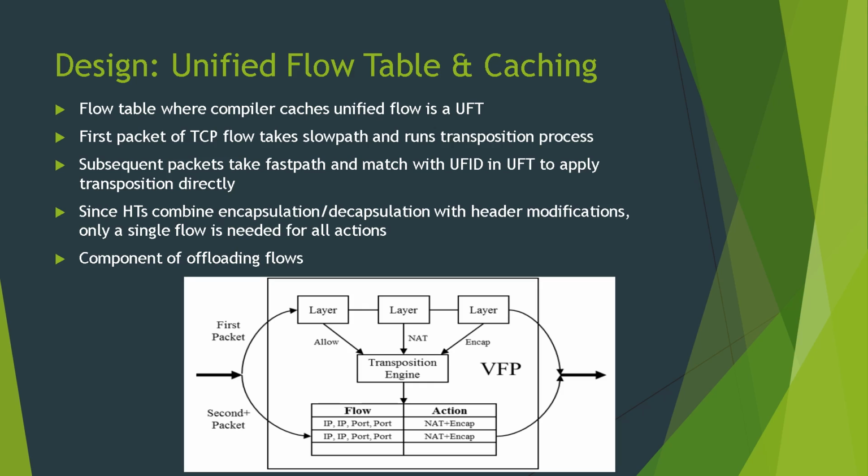The first packet of some random input TCP flow would take the slow path and run the header transposition engine that we discussed earlier at every layer that it passes through, and perform any potential match actions. Any subsequent packets from this TCP flow could then take the fast path and use this UFT created by the first packet to apply any transpositions directly without having to involve the layers or the rules of the VFP itself.